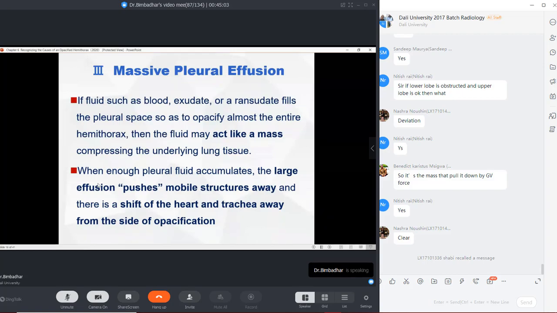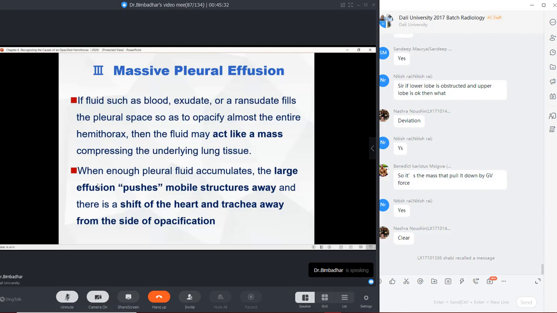Fluid density is white, and it also acts like a mass compressing the lung. So there is also a compressive atelectasis because of fluid filling inside the pleural cavity, and it pushes the trachea away from the central line. So there is contralateral deviation. Got it?